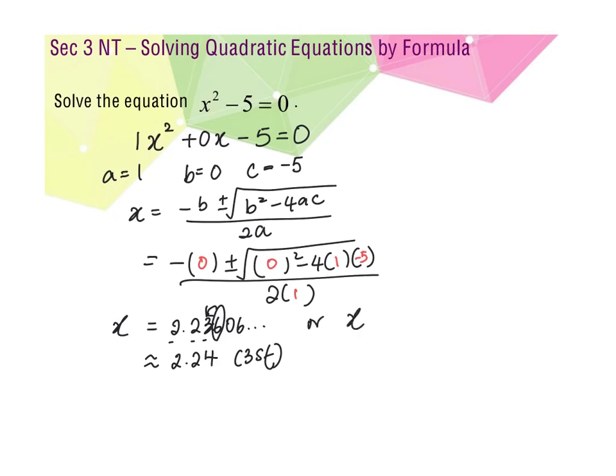The second answer will be negative 2.23606. We round this off to 3 sig fig. First, second, third, and the fourth is more than 5, so I round up. So negative 2.24, 3 SF.